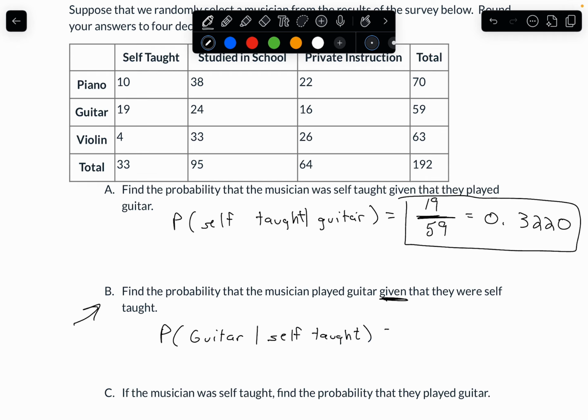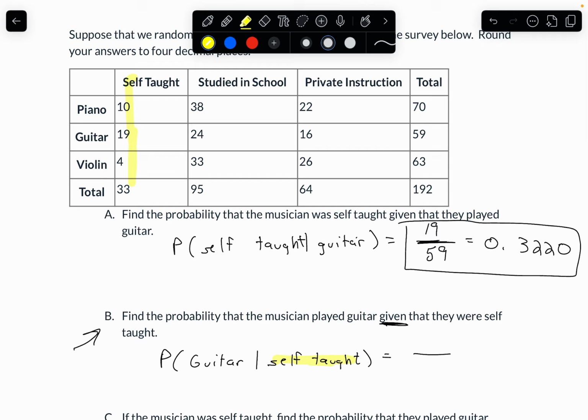So I know in this instance that the individual was self-taught. So that means I am only considering the individuals in the self-taught column. That is the only set of numbers that I care about. And for this problem, I had 33 individuals that were self-taught, and of those 33 individuals, 19 of them play guitar.